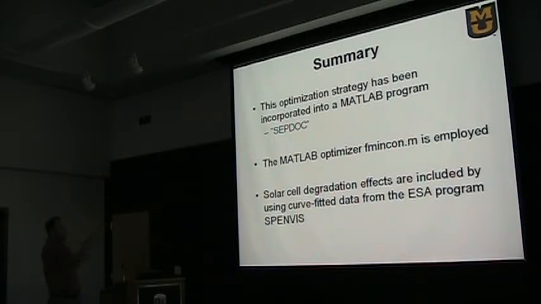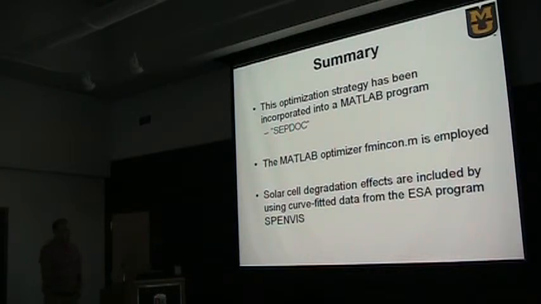I use MATLAB, which is mathematical software, and I use the optimization program fmincon. That's my optimizer. And I'm able to put in solar cell degradation effects, and I've done so by using this European Space Agency program, SPENVIS, to calculate how much the solar cells degrade, and then put that into my program.